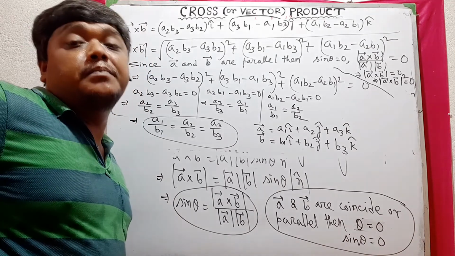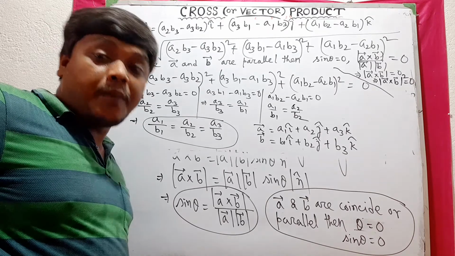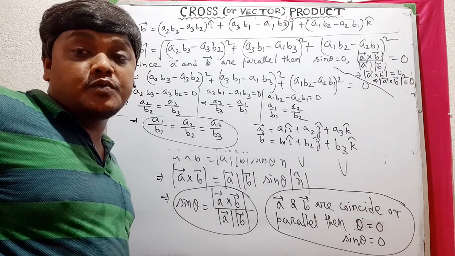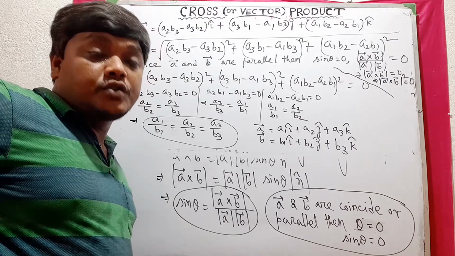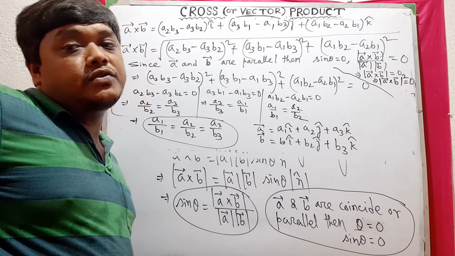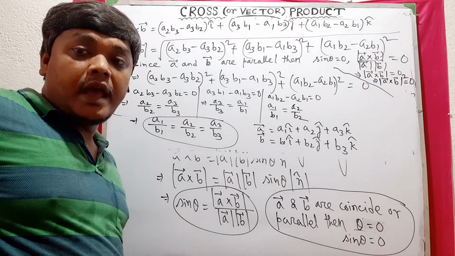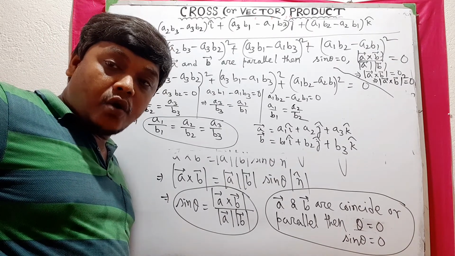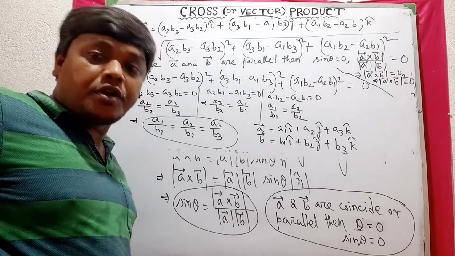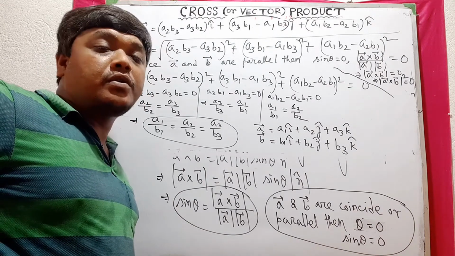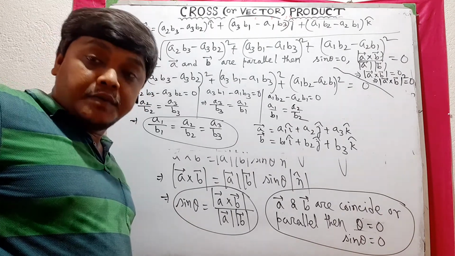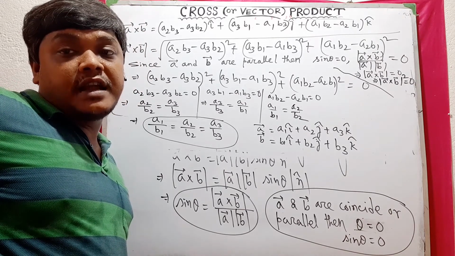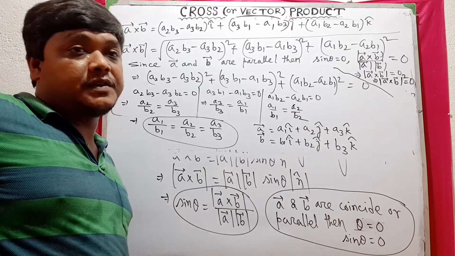Another part, the properties of the cross product: it is not commutative, A cross B is not equal to B cross A, and B cross A equals minus A cross B. Also the associative law does not hold, that means A cross (B cross C) is not equal to (A cross B) cross C. And the distributive law follows, that means (A plus B) cross C is A cross C plus B cross C.